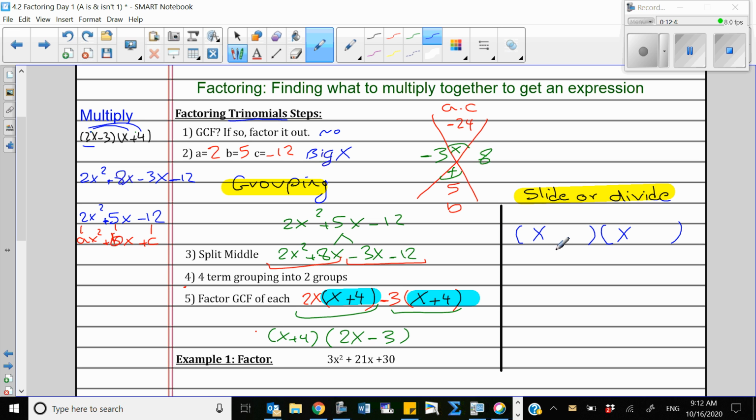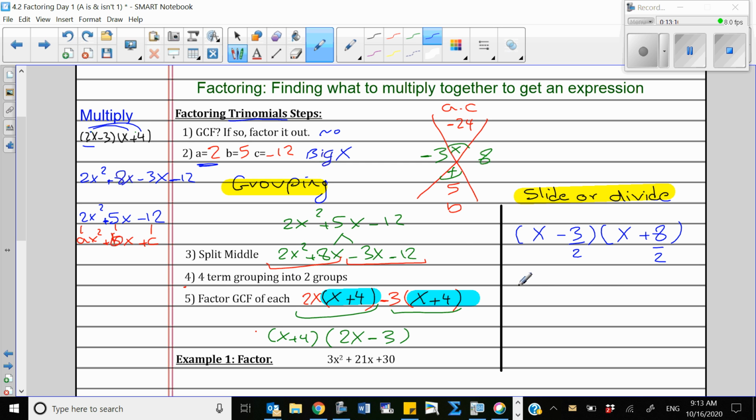Then bring these two numbers into the two parentheses. So I'm going to write negative 3 and positive 8 here. Next, you're going to divide these two numbers by the a value, which is 2 here. So divide both of them by 2.